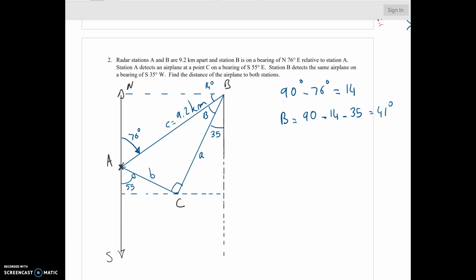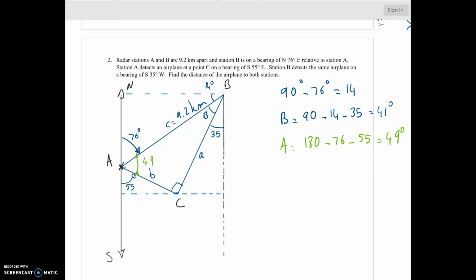If I know that I have 55 degree right here and 76 degree right there, it's pretty easy for me to define the value of the angle in between, and the angle A right here is going to be equal to 49 degree because the angle A is equal to 180 minus 76 minus 55, which is 49 degree.